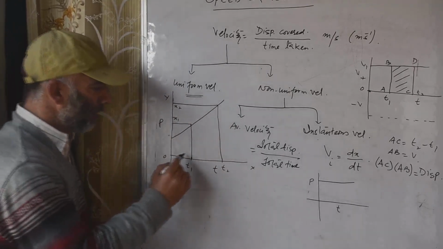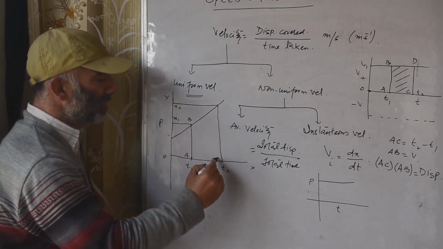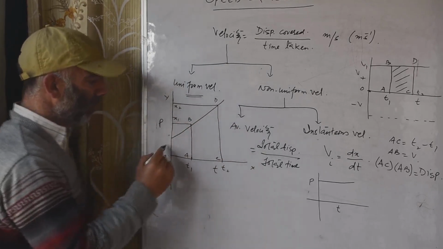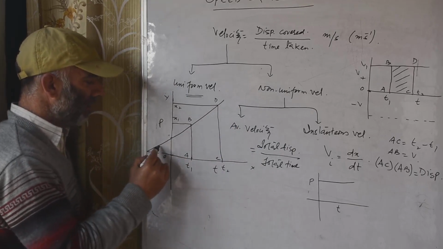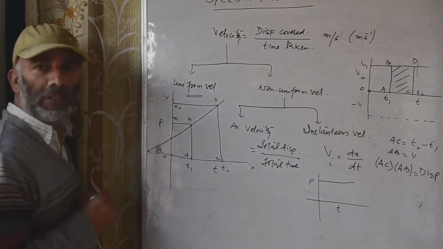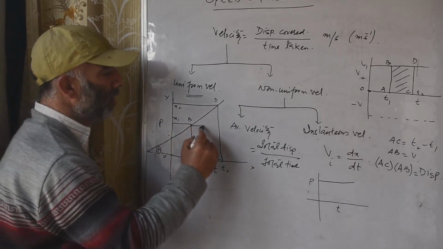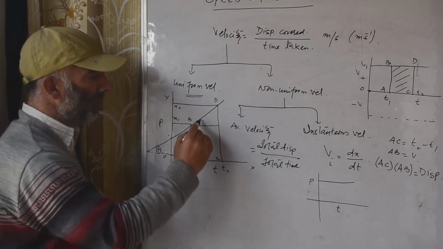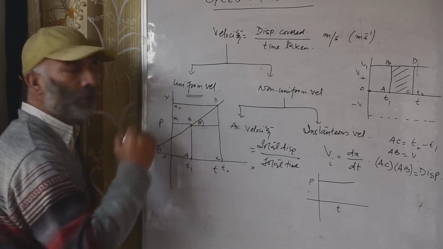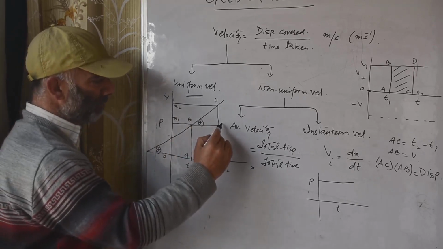Let's call this A, this is B, C, D. On producing this graph here, let's take this angle equal to theta. So what we will do, we will draw a perpendicular from B to this line. So this angle is also equal to theta. Name this point as E.